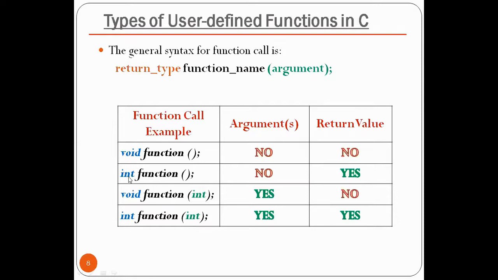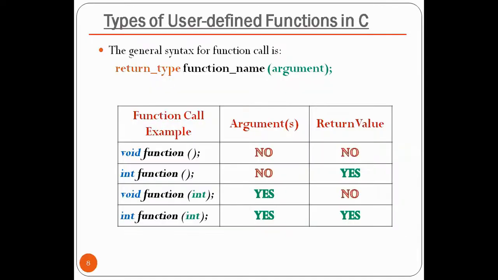Here the next is integer with an empty parameter list. That means the integer type is the return value. So it is returning some value with no arguments. Here we have no return value, and here we have arguments. And here we have both the arguments and the return value. We have discussed these 4 types of user-defined functions in detail in the previous lecture.